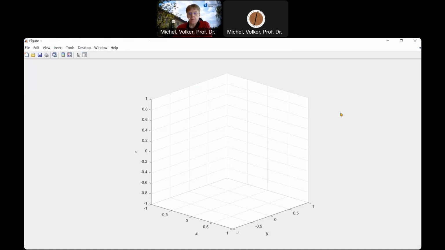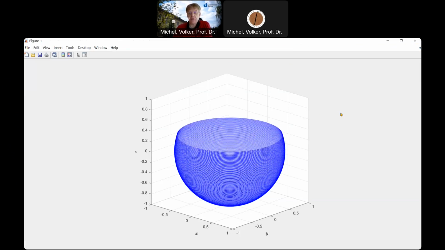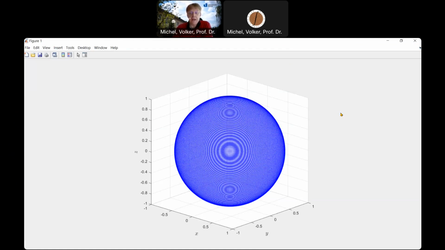So you will see here now different circles at different positions. And you see that the ball consists of a union of a lot of, let's say better, the sphere consists of a union of a lot of circular lines on different levels, meaning on different z or x3 coordinates and with different radii.